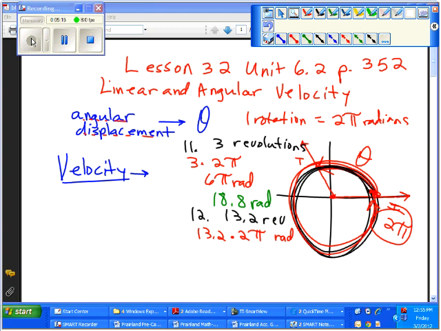We just kind of know it's radians. And we're going to have 26.4 pi radians as an exact answer. If we multiply times pi, then we would get 82.9 radians, and that's a rounded value. Any questions on angular displacement? Revolutions times 2 pi. Okay?